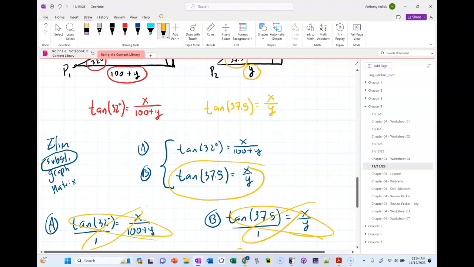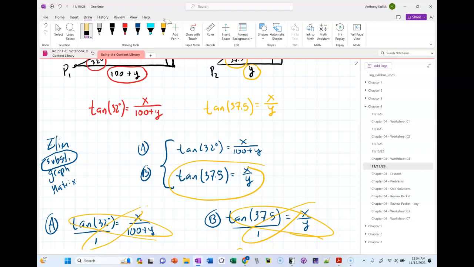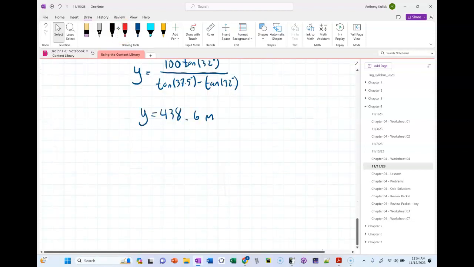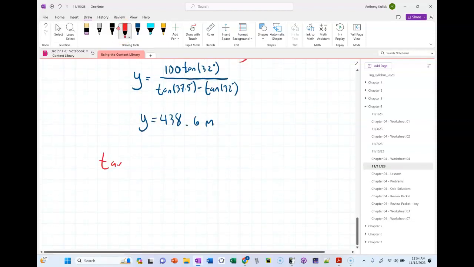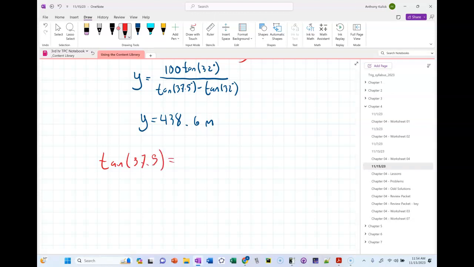I'm going to plug the y into one of these equations to solve for x. I would pick the second one because it's simpler. So we'll say tan 37.5 equals x over 438.6. Oh no, it was x over y, right?